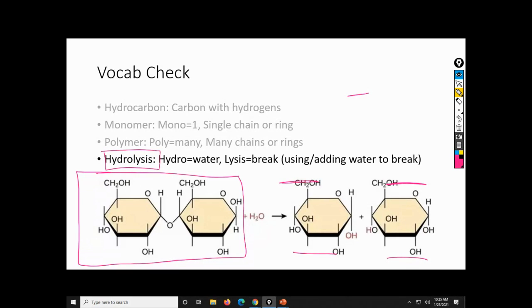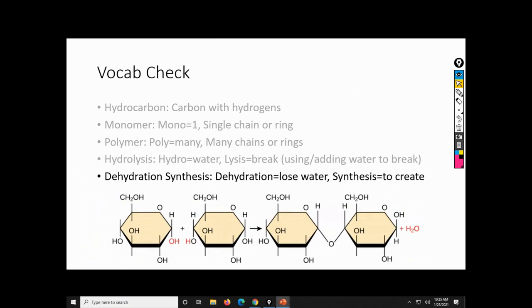Right, so hydrolysis is one word, we're going to make small, right? One word, one molecule. Start big, make little. Dehydration synthesis is the opposite, right? We are two words, and so we're going to start with, what's showing up? Two molecules, right? Because this is additive. So we're going to start with two smaller molecules in order to make one big one. So two words, two molecules.